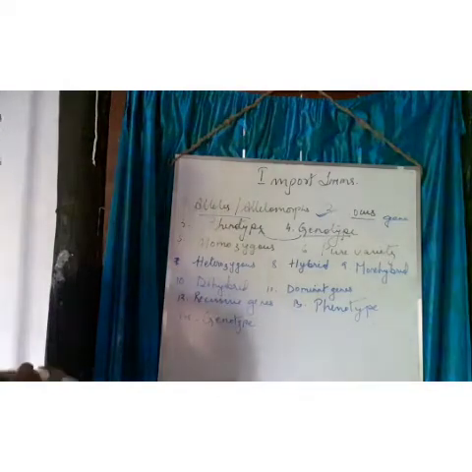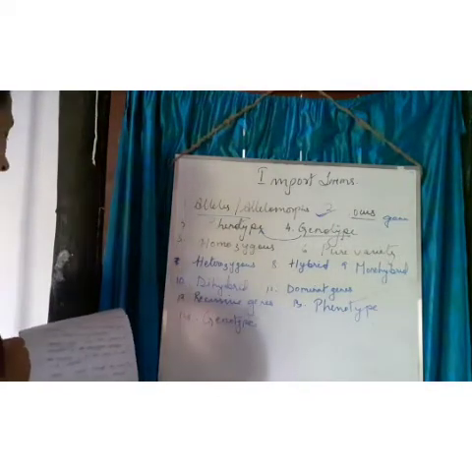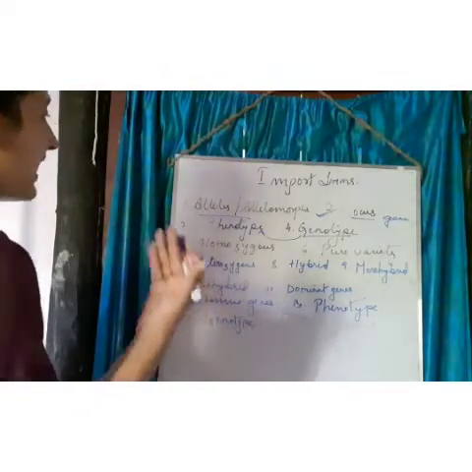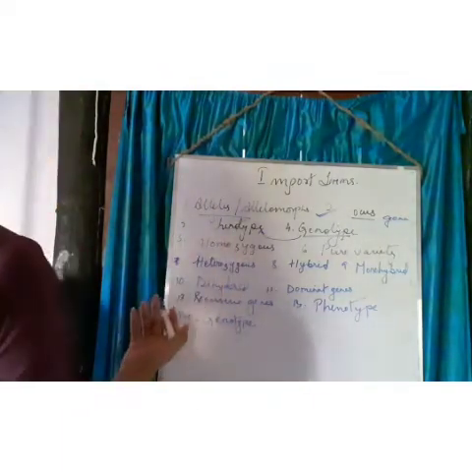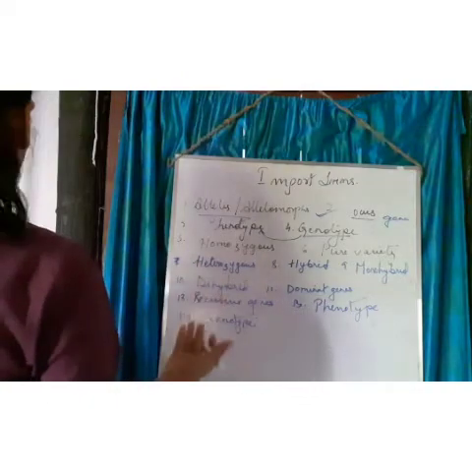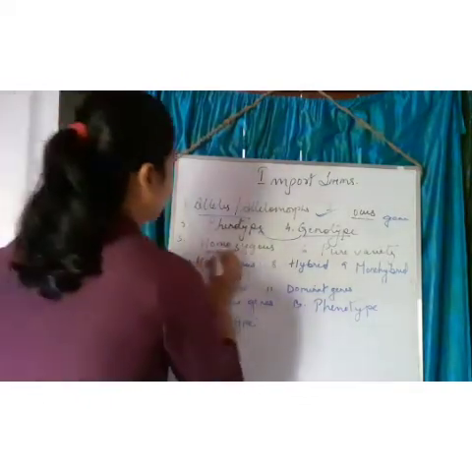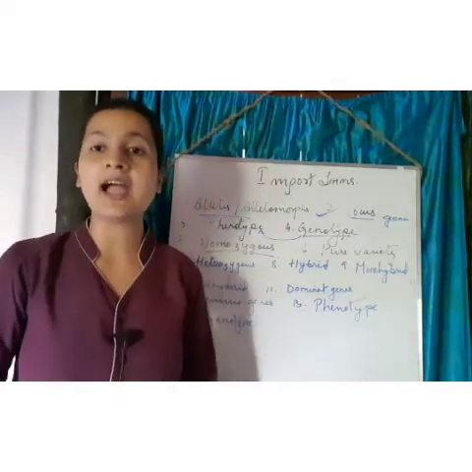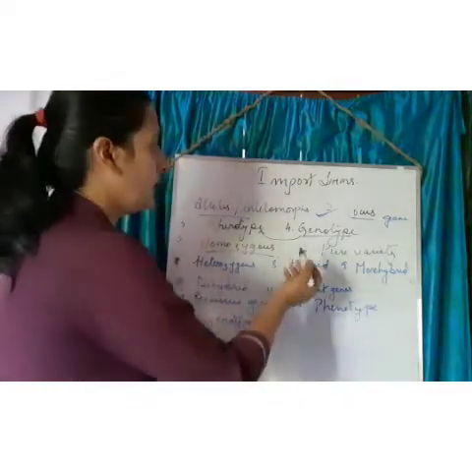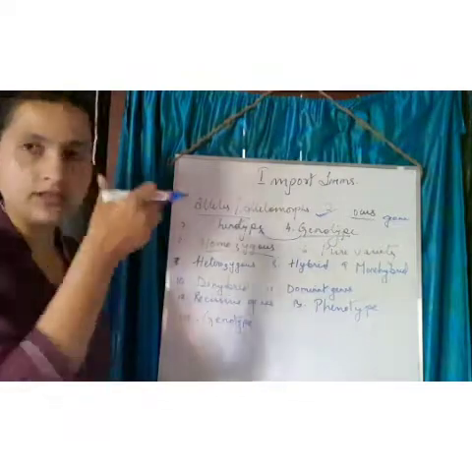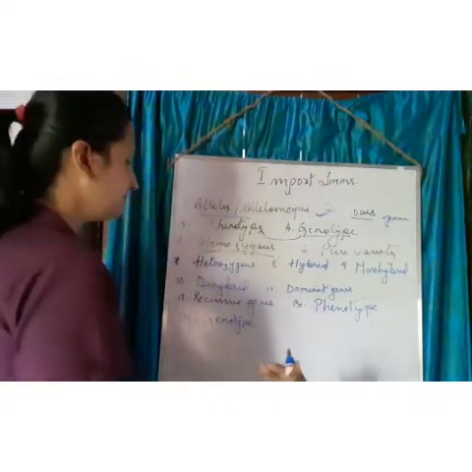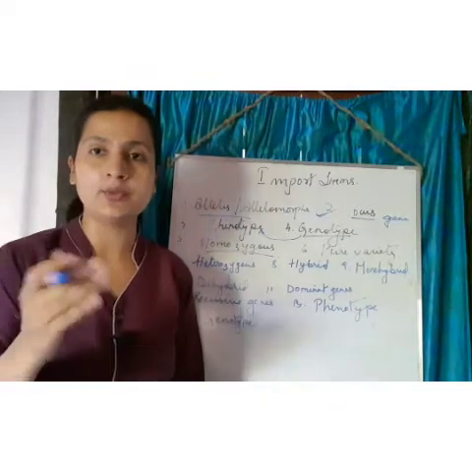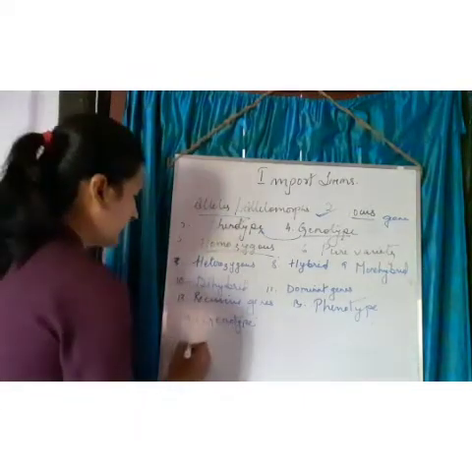Now homozygous. What is homozygous? Those individuals having identical genes. Homozygous means individuals having identical genes. Say, for example, let me give an example. Suppose there is one character, say height.